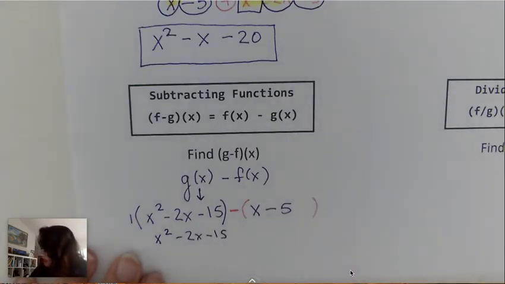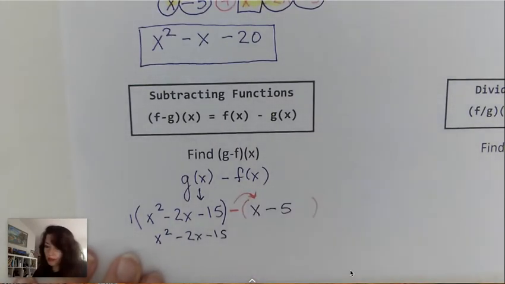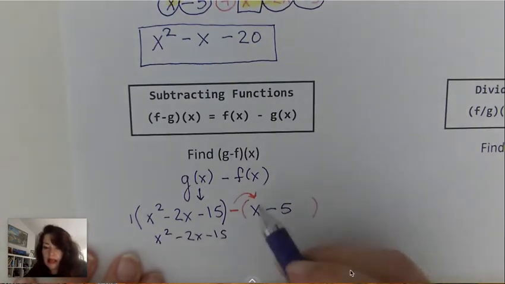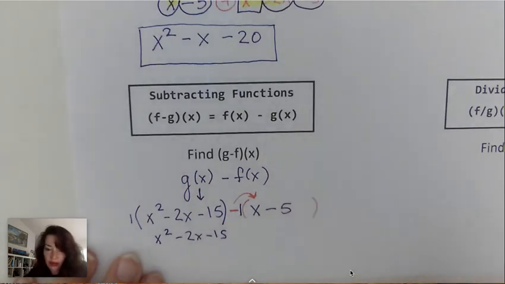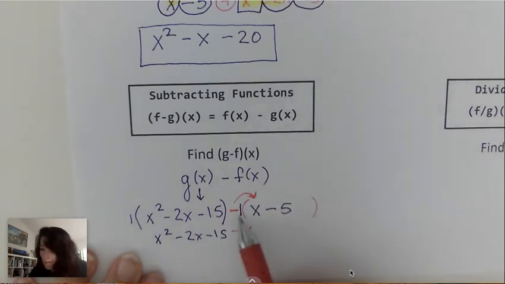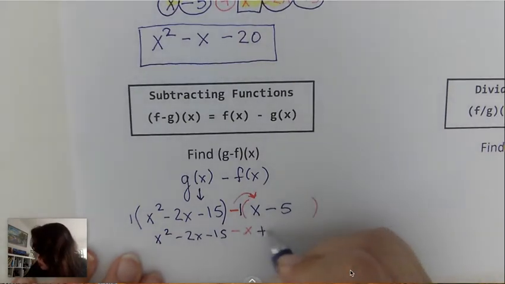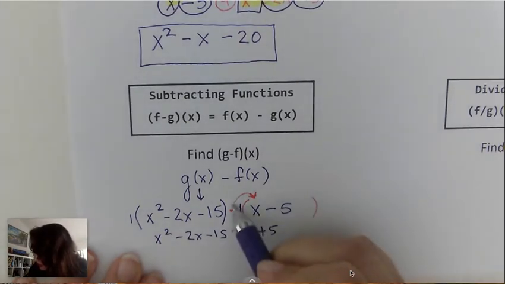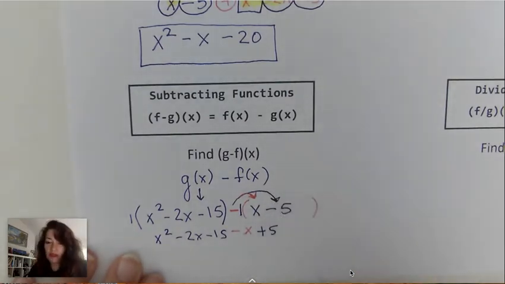Now be careful here when I subtract the x, it becomes negative x, or it's the same as a negative 1 in the front. So this becomes negative x, and then minus 1 times minus 5 becomes plus 5. So be careful. This is where students will likely make a mistake. This negative also is distributed to the second term.